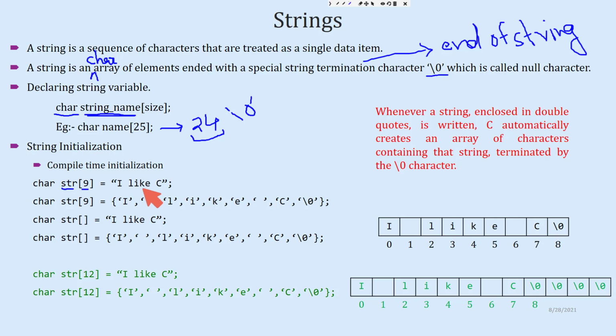If we count the characters, here I have 8 characters. I is a character, then a blank space is also considered a character. L, I, K, E are characters, again a blank space, and C is a character.